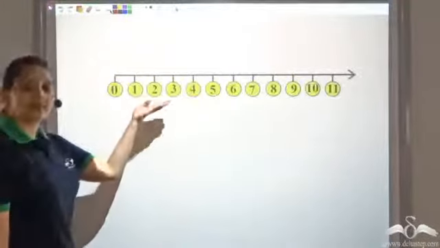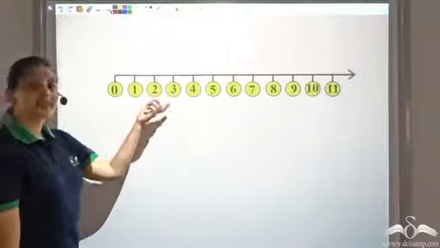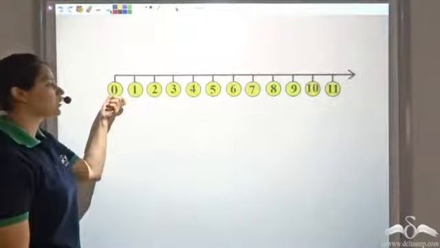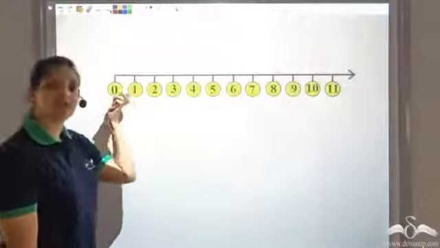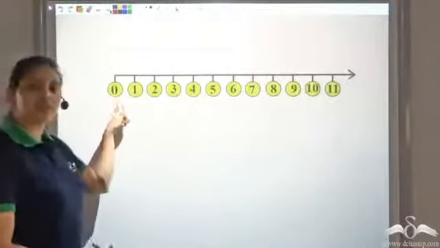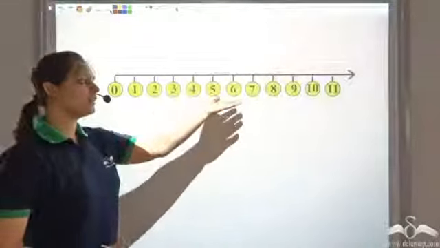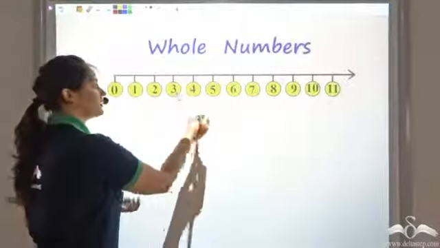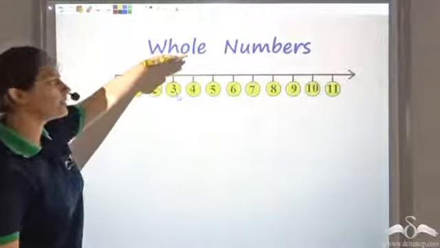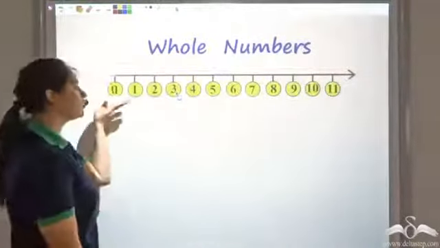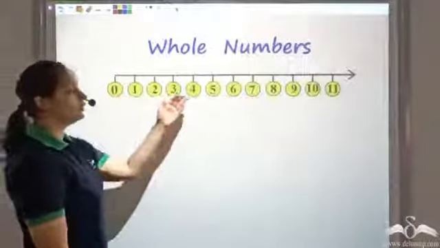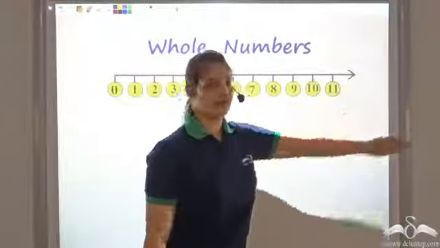Now if you look at this number line, you see that numbers here are from 0 again to infinite numbers here, but they start from 0. If they're starting from 0, then this is essentially showing me the whole numbers. So I can say that whole numbers, if I want to represent whole numbers on a number line, it would look something like this, from 0 to infinite.